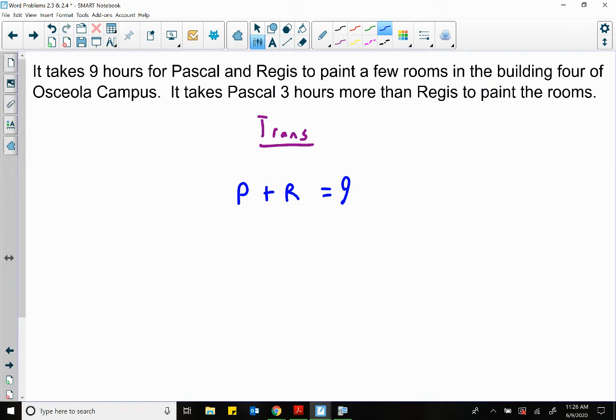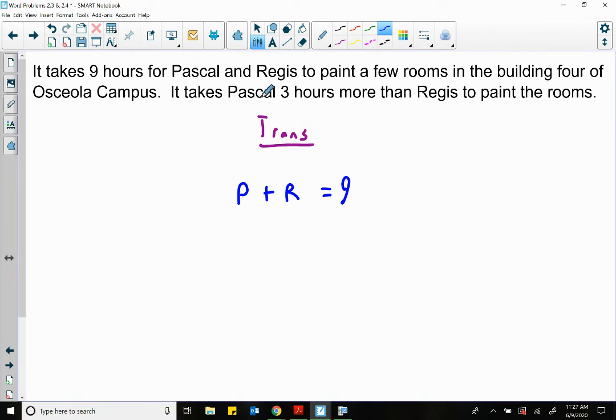And this one down here is definitely a translation. It says it takes Pascal 3 more hours than Regis to paint the rooms. Be careful on this one. It says it takes Pascal 3 more hours than Regis to paint the rooms. Okay?